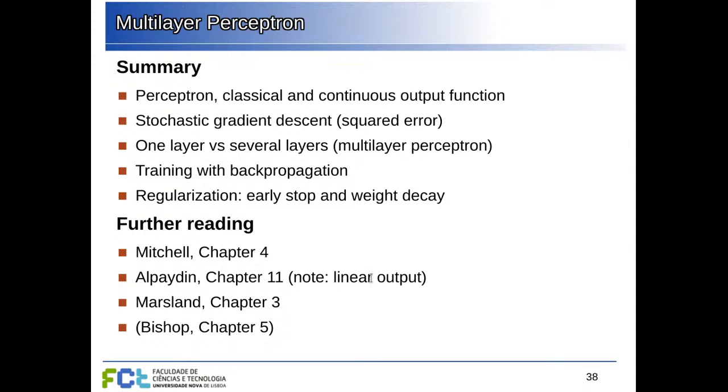So if you have a network for classification, typically the output will be the sigmoid function, for the same reasons we use that in logistic regression. But if you are using a neural network for regression, sometimes we can also do that, then the output should be linear and not have an activation function, so that you can approximate any value that you want. And if you have a linear output, then all those derivatives that you see in backpropagation will have slightly different formulas. So take note that the examples Alpiden gives have a linear output.